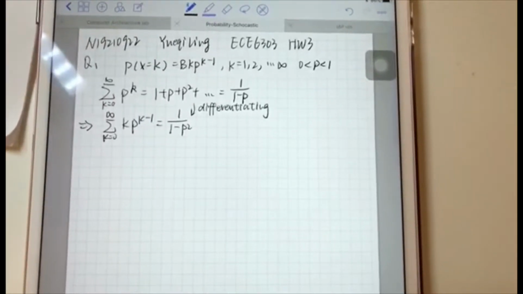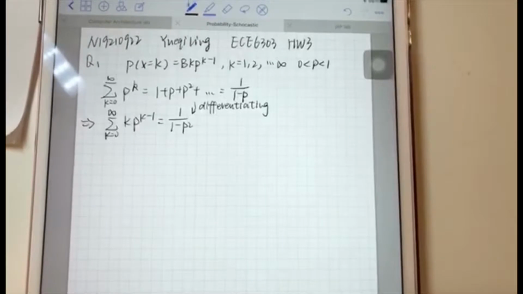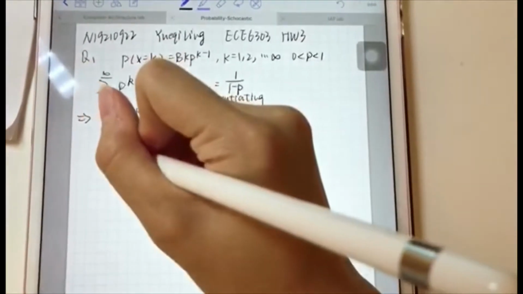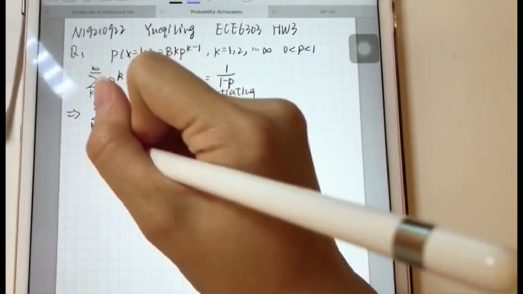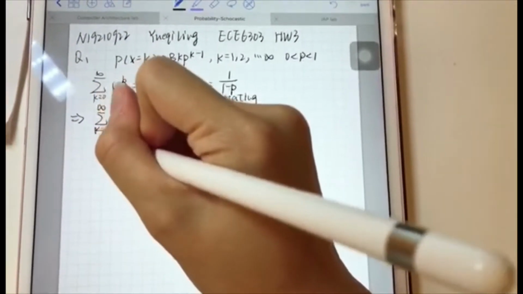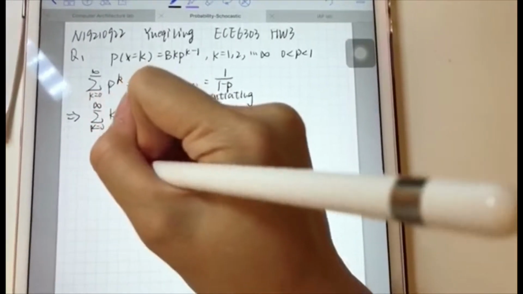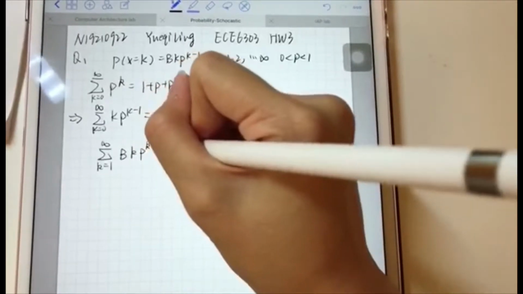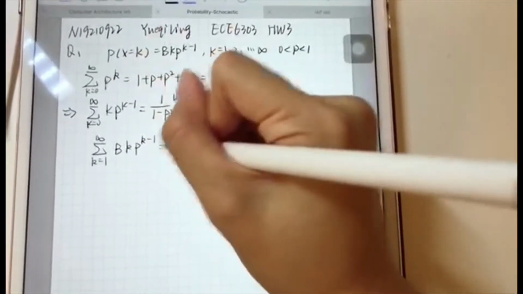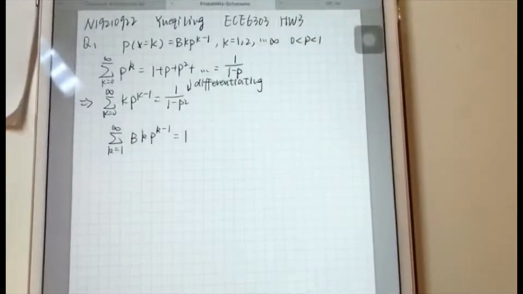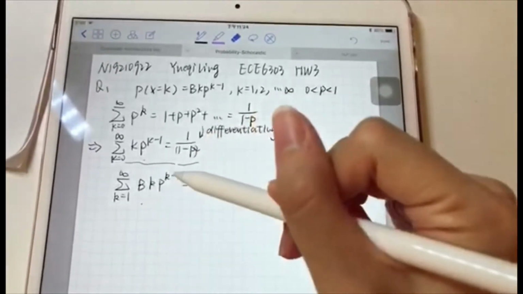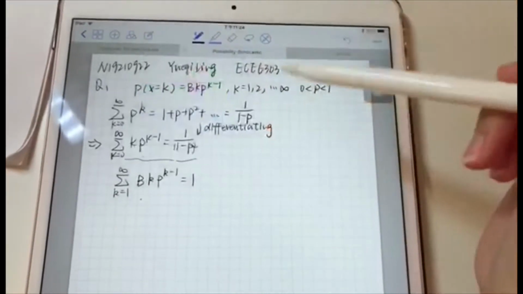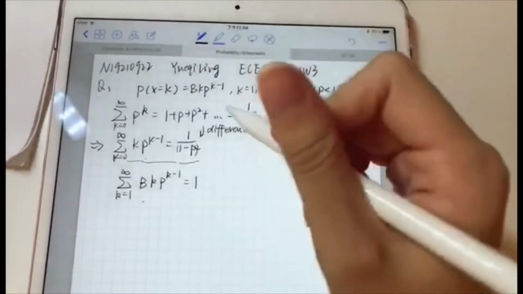For a probability mass function, we can get this equation: the sum of b k p to the power k minus 1 equals 1. Compare these two expressions in order to find the value of b.